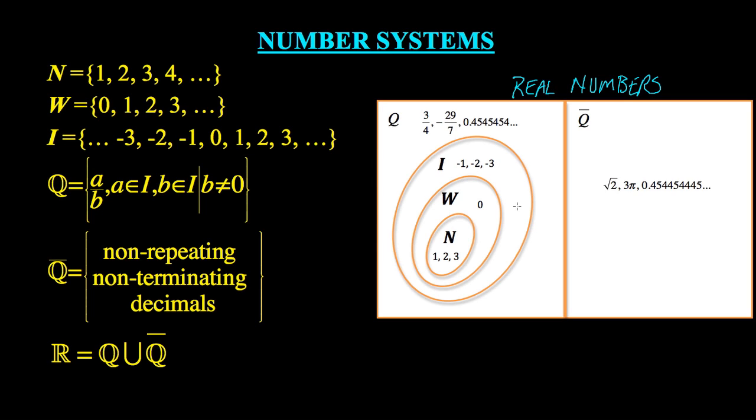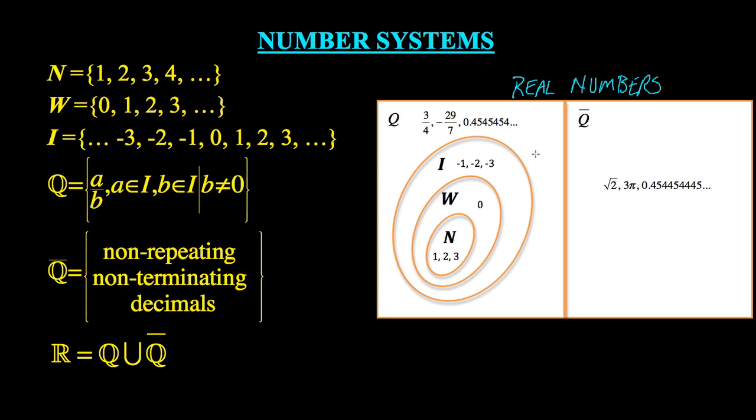All sets are infinite. They go on forever. But there are numbers that are in some sets but not in others. All of these numbers fit inside Q. Remembering that Q itself has all of the decimals that repeat or terminate. Now you might say to yourself, well, 3, why is 3 in the set of Q?